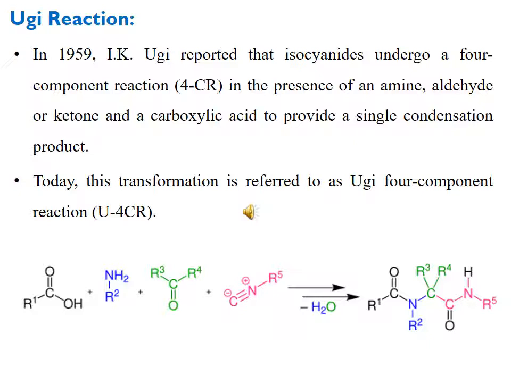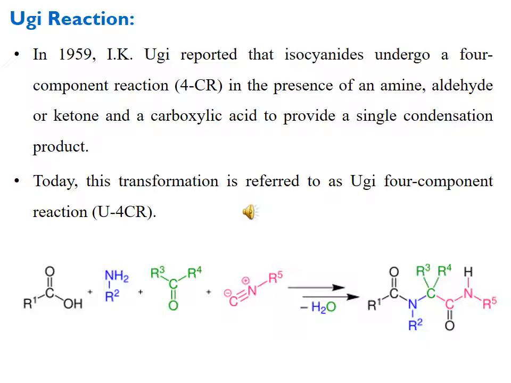Nitrogen of this amine is bonded with acyl group which has come from carboxylic acid, and also with the carbon of aldehyde or ketone functionality. So these two carbon nitrogen bonds are newly formed bonds. Therefore this reaction is kept under the heading of carbon nitrogen bond formation.